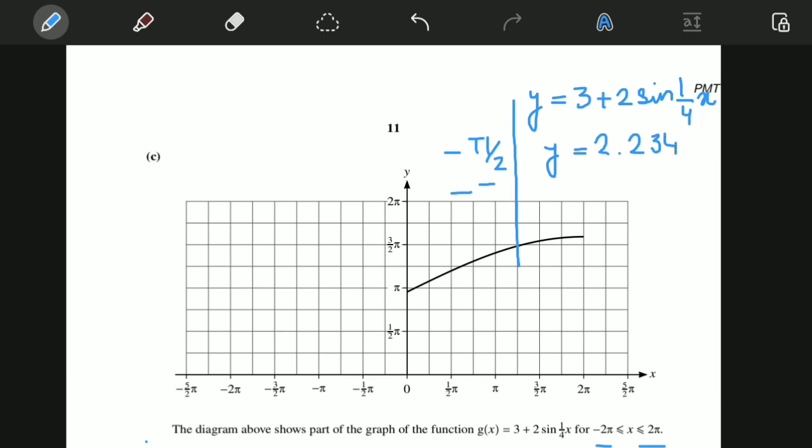Then at minus pi, it would be 1.5857. Then at x equals minus 3 pi by 2, we will have it as 1.152.